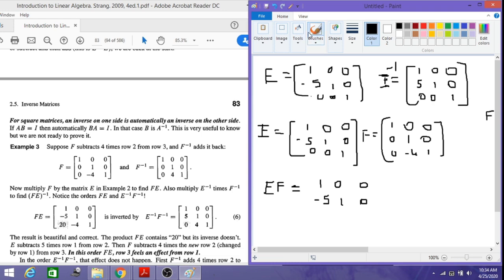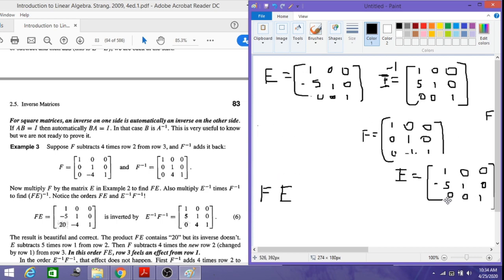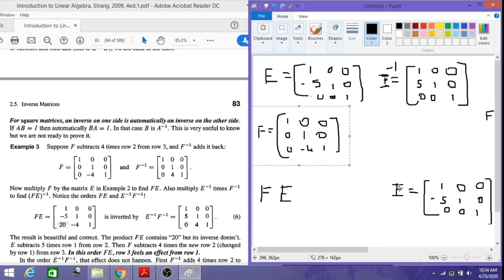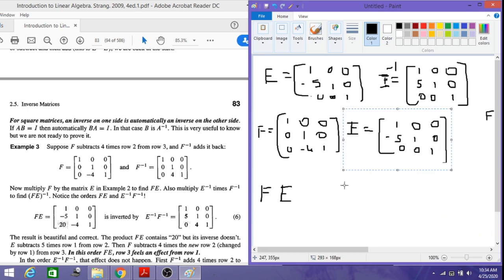Sorry, it was my mistake. We are supposed to do F into E. So let me interchange these terms. I'll move this term here and this term here. Now it is F into E.